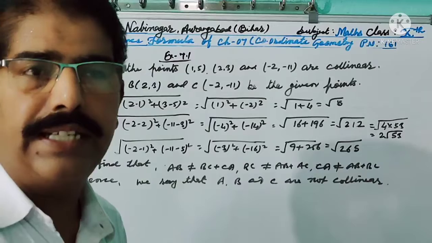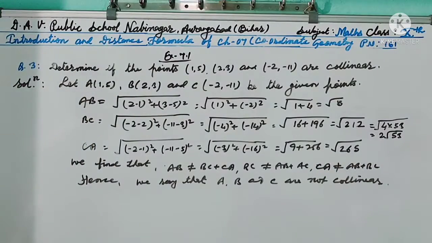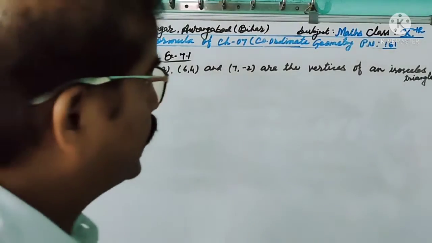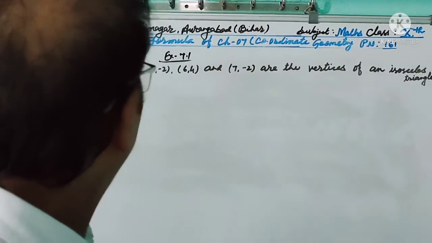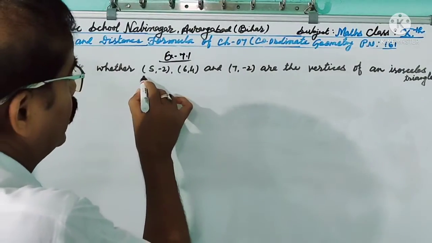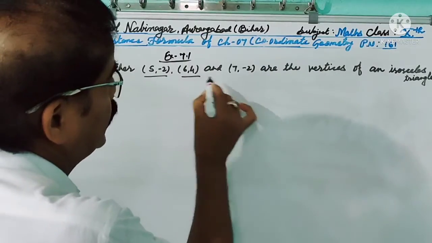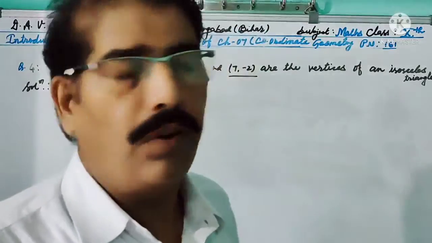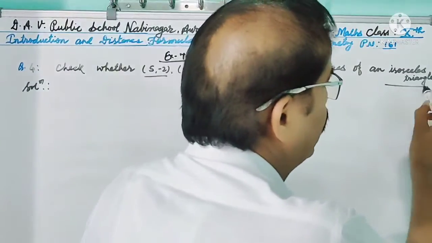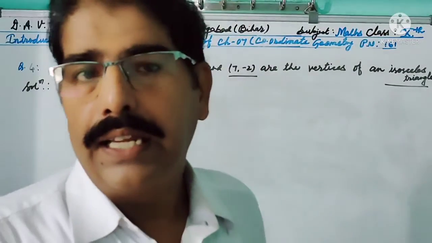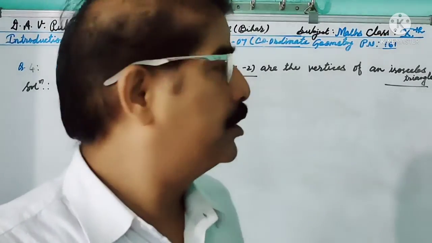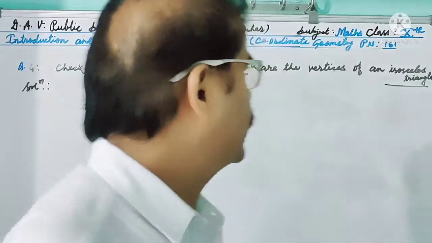And the next question, dear friends, question 4 is: check whether (5, -2), (6, 4) and (7, -2) are the vertices of an isosceles triangle. We know that a triangle with any two sides equal in length is known as an isosceles triangle.